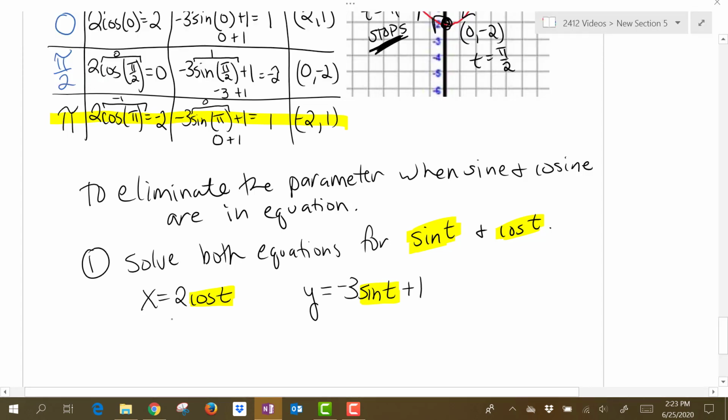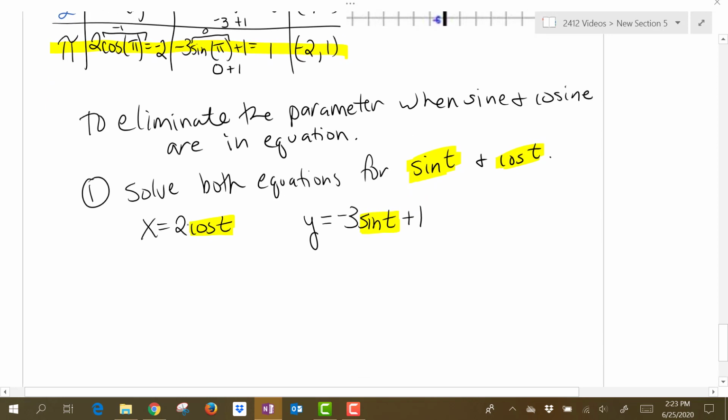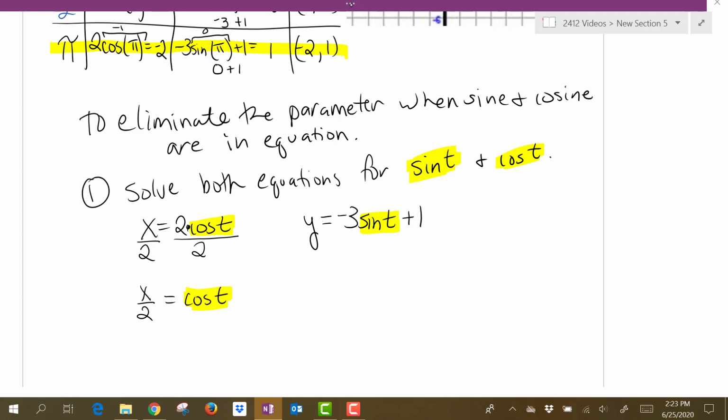When you do this, you always do your adding and subtracting first if there's any adding and subtracting to do. And if there's not, then you're just going to do your multiplying and dividing. 2 times cosine t. To get rid of the 2, I'm going to divide both sides by 2. So we have x divided by 2 is equal to cosine t. Okay, so we've solved for cosine t.